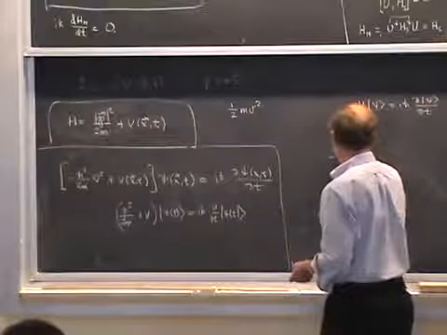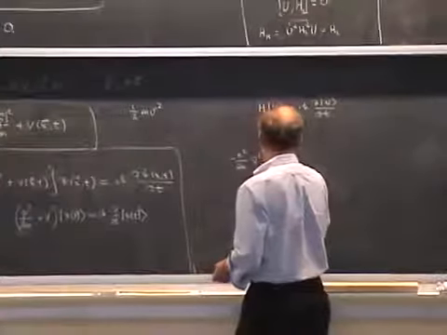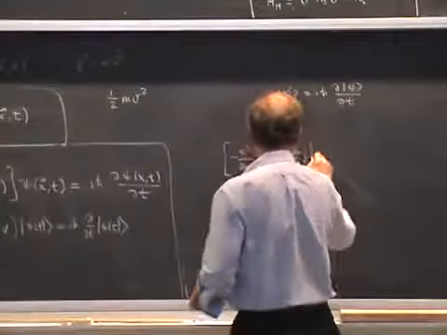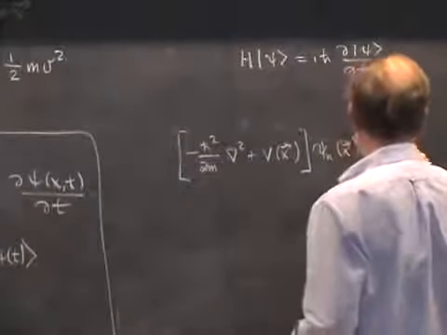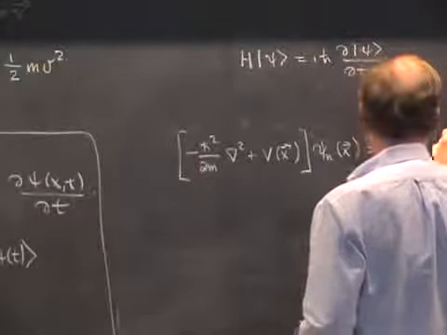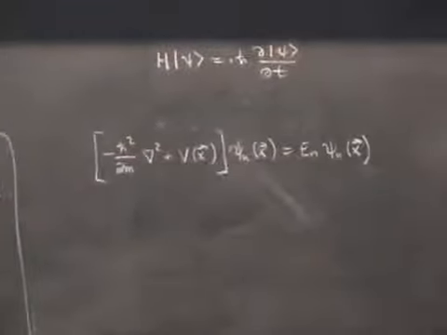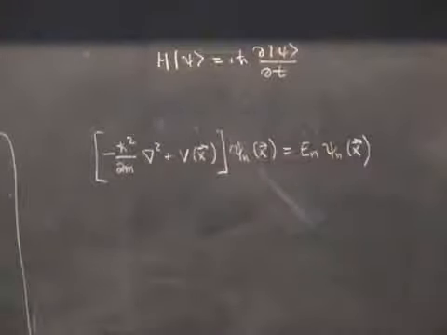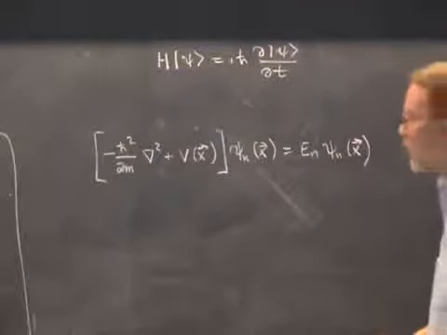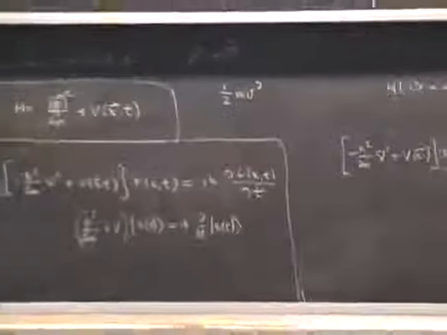But this would lead to an eigenvalue problem, which would be this, acting on psi n of x, gives us an energy eigenvalue E n times psi n of x. This is the eigenfunction eigenvalue problem for a time-independent Hamiltonian, which is the only case that it's really meaningful. And this comes out of separation of variables and is used for expanding the time-dependent solution as linear combinations of the energy eigenfunctions.